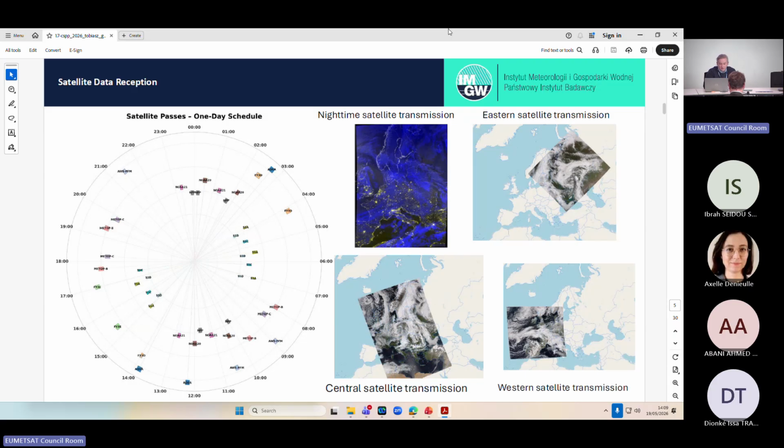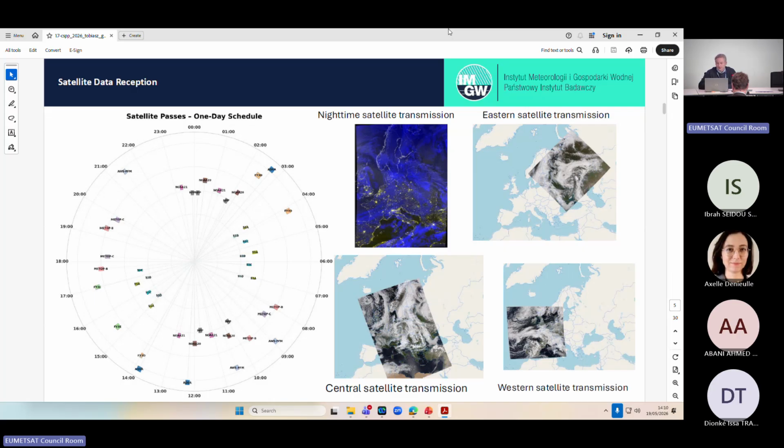Next we have METOP C and METOP B around 8 to 9 a.m. And next we have NOAA 20 and NOAA 21 around 10 a.m. And in the afternoon we have METOP B again and METOP C twice. And between these two satellite passes, we receive data from Sentinel-1.